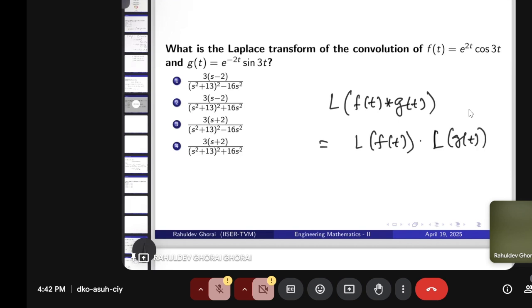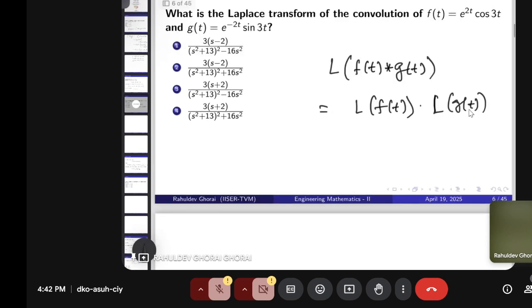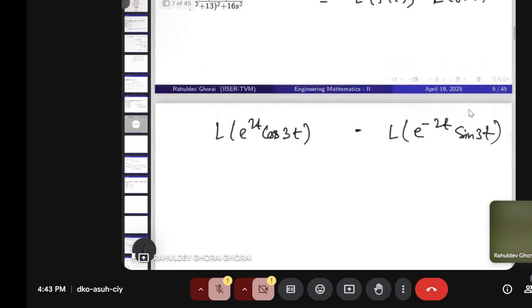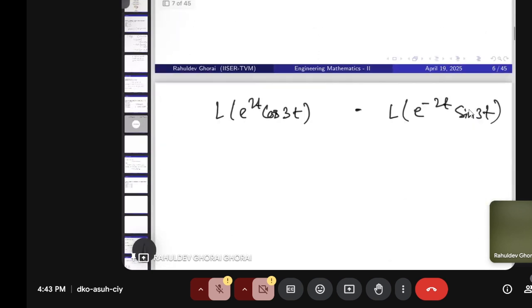When you take the Laplace transformation of the convolution of two functions, it will give you the product of the Laplace transformations. Okay. So once we do that, we mainly need to know the Laplace transformation of e to the power 2t cos 3t, and L of e to the power minus 2t sin 3t, right? And the solution should be just the multiplication of these two, right?